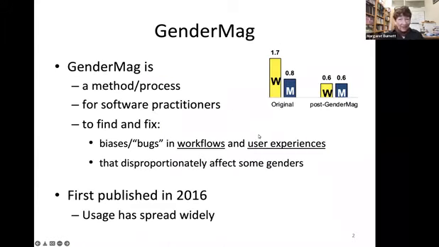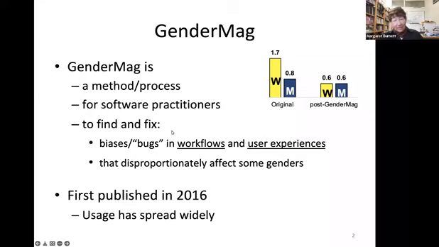Okay, so what is GenderMag? GenderMag actually stands for Gender Inclusiveness Magnifier, and it's a systematic method or process. It's not a software package, although we do have some tools to go with it, but it's basically a process, and it's for any kind of software practitioner, whether they're software engineers or user experience people or product managers or whatever, to evaluate their own software.